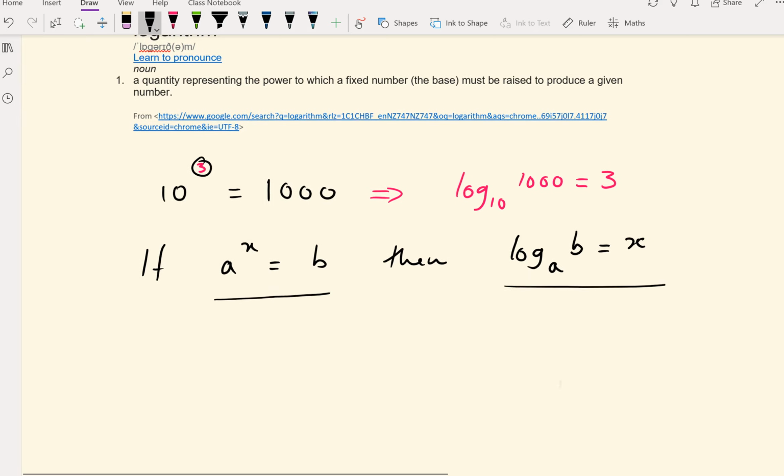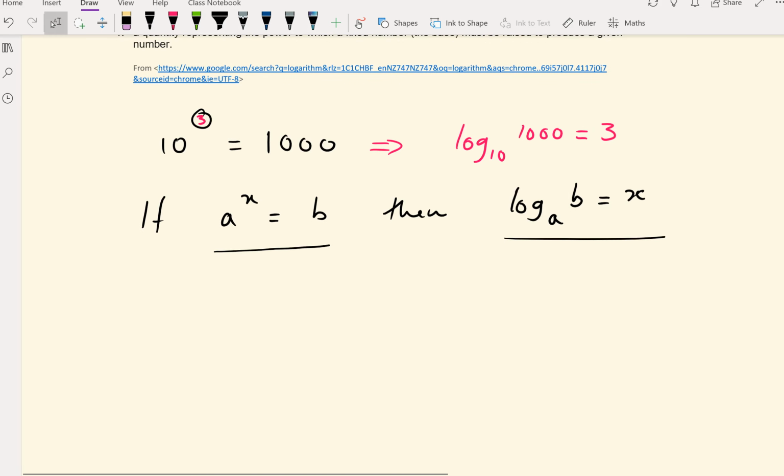Now, there are a couple of important definitions or ideas that we need to pick up to begin with. Here's the first one. If I've got log to the base a of 1, what am I going to get? Well, if we think about this not in the log form, but in terms of the exponent form, my base is a.